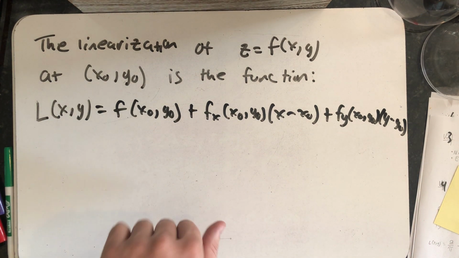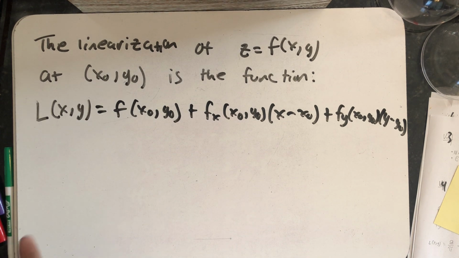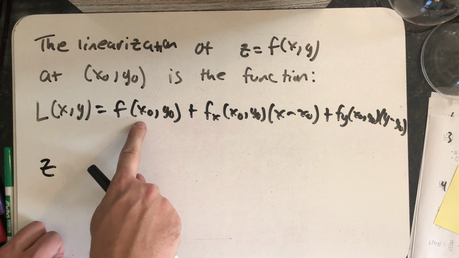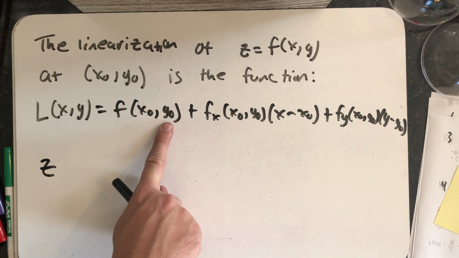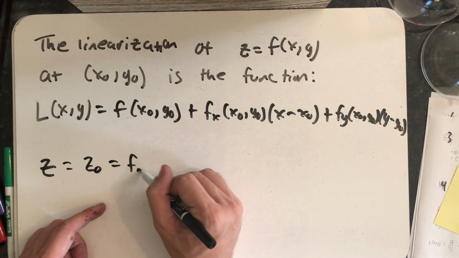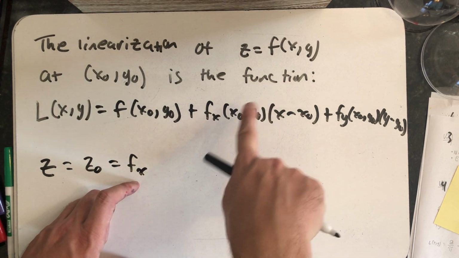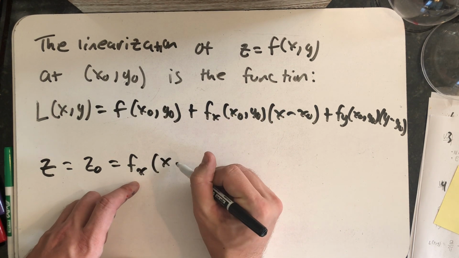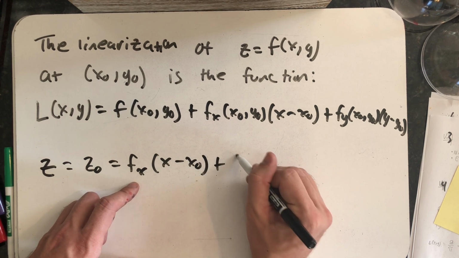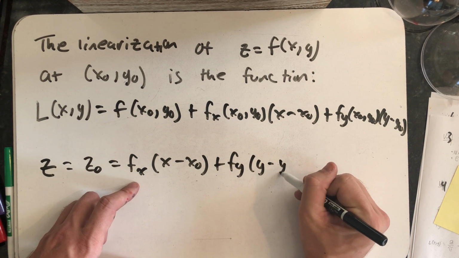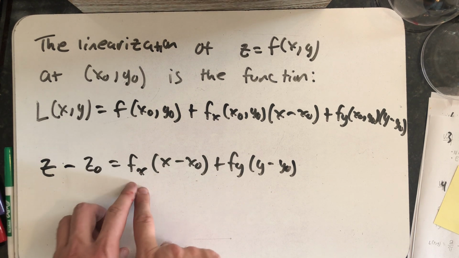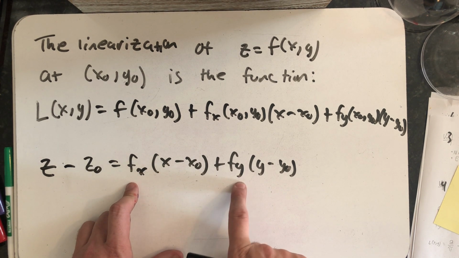All right, so that's the definition of linearization. But what this really is, well, this is taking the place of a z. Plugging in an x naught and a y naught to a function gives me another z, so I could imagine calling that z naught. And then for the sake of space on this side, I'm going to just write the partials, and we'll understand that we're evaluating them at that point. So I have on this side z minus z naught equals fx times x minus x naught plus fy times y minus y naught.